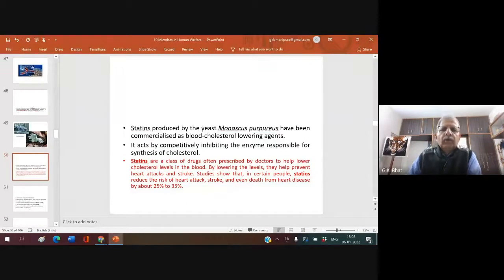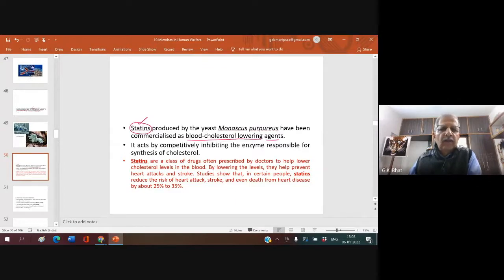You now have what is called statins. Statins produced by the yeast Monascus purpureus have been commercialized as a blood cholesterol lowering agent. So statin is administered to the patient to lower the blood cholesterol level.